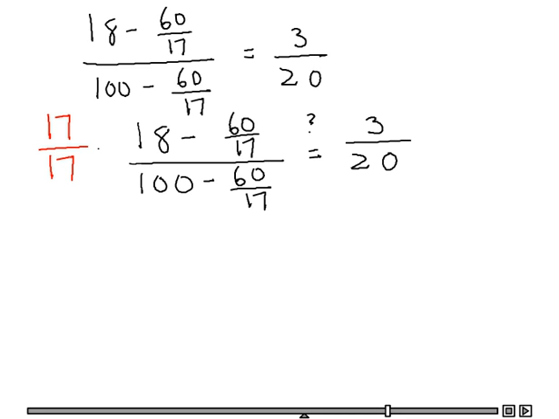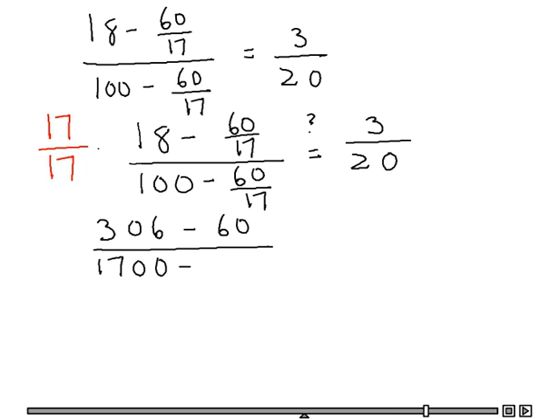So the 17 times the 18 will produce 306, and 17 times the 60 divided by 17 will produce 60. And in the denominator, the 17 times 100 will produce 1700.